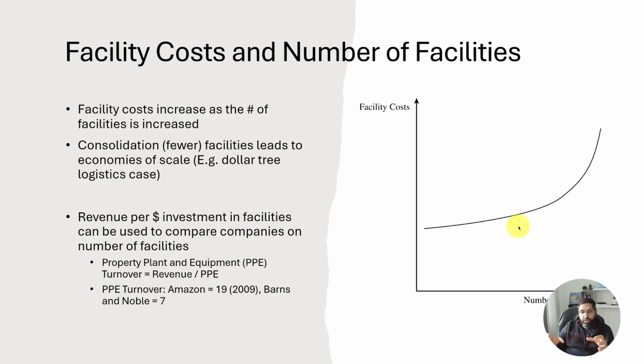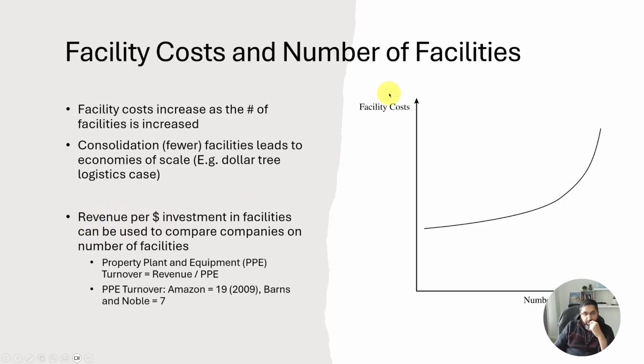Because when you compare two facilities to one facility of equivalent size to both of them, the single one is larger. The rental cost, the property taxes, the utilities, they don't double when you double the size of a facility. They increase by less than double. So you have economies of scale when you have fewer larger facilities versus many smaller facilities. So as the number of facilities increases, your total facility cost will go up.